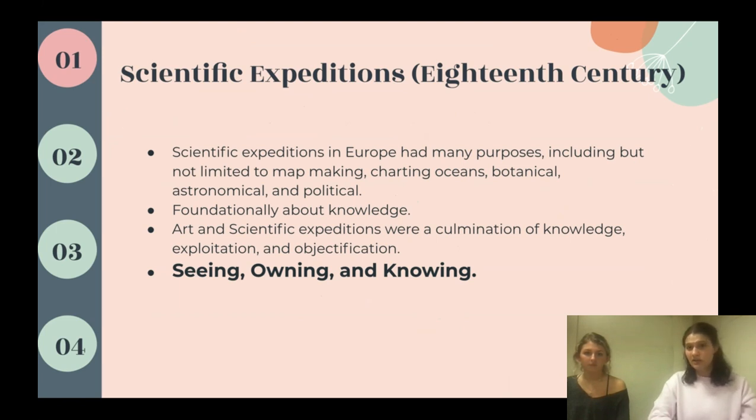In specific regards to botanical expeditions, there were three main roles played: the artist, the naturalist, and the botanist. These expeditions were foundationally about knowledge, and specifically art and scientific expeditions were a culmination of knowledge, exploitation, and objectification.